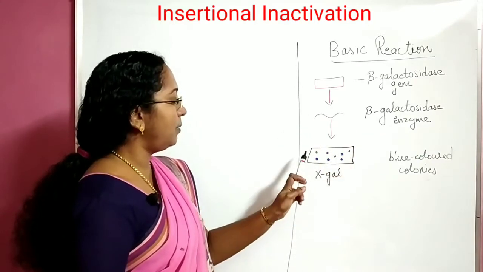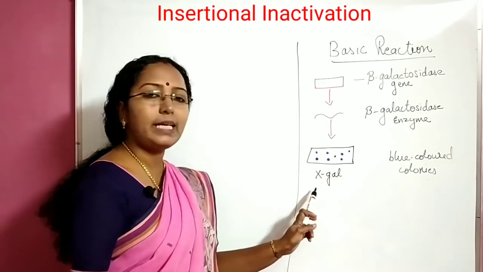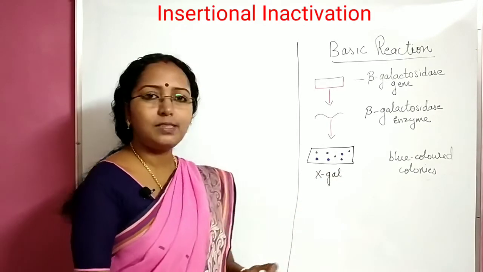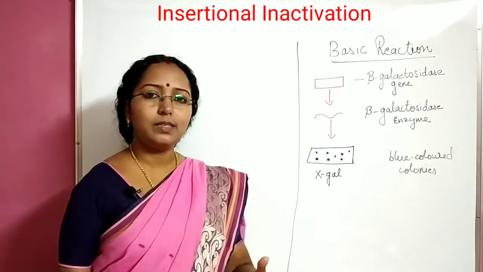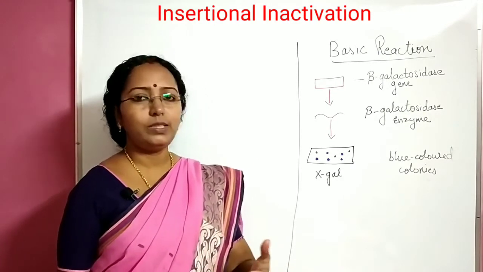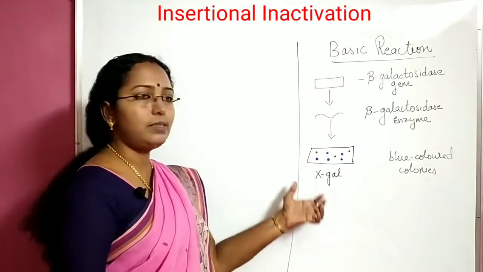And this enzyme reacts with a substrate called X-gal. X-gal is a substrate, like we have agarose as a substrate in which bacterial cells are grown. Same way, this is a gel-like medium called X-gal in which bacterial cells are grown.